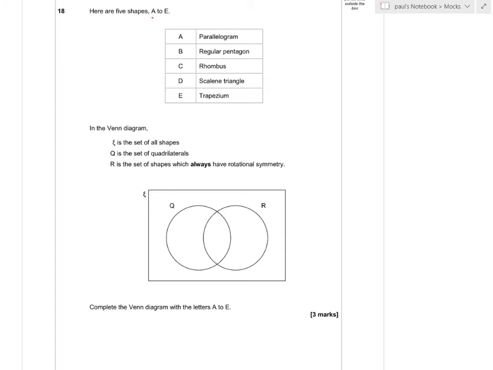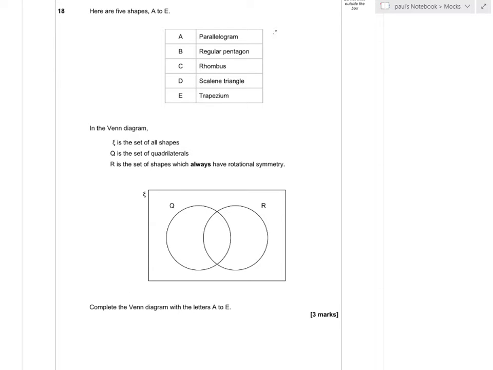Here are 5 shapes A to E. Okay. In the Venn diagram, Q is the quadrilaterals. Let's have a look. Q is the quadrilaterals. Okay, and R is the shapes that always have rotational symmetry.